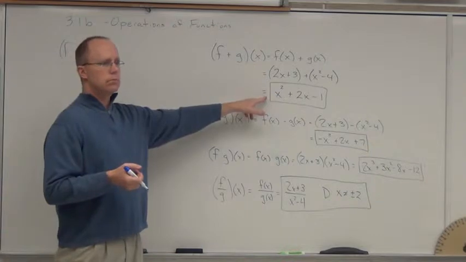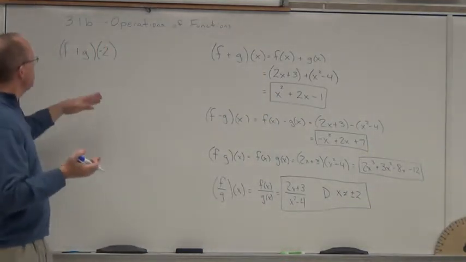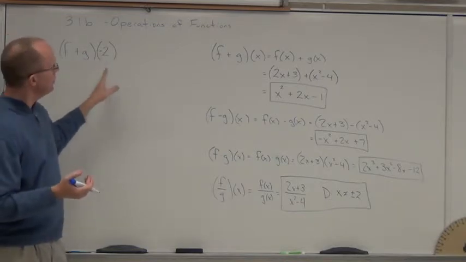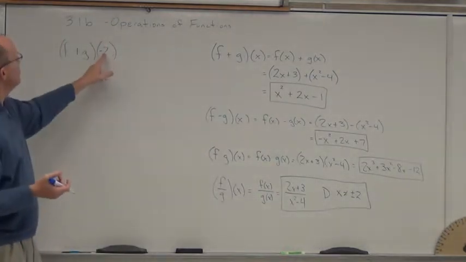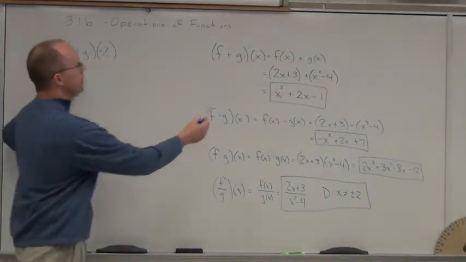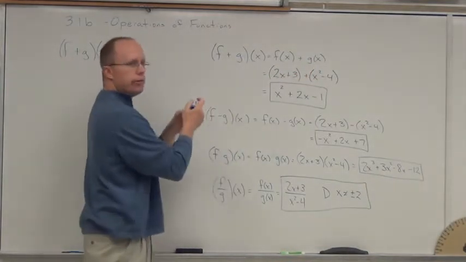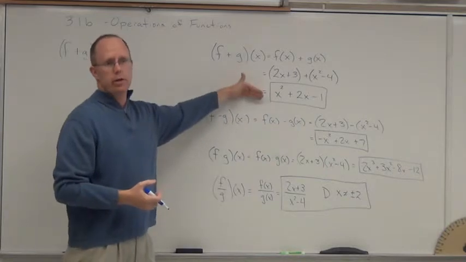If you had a problem where they didn't give you this to start with, you could still do it with an x. The other thing you could do is plug negative 2 into your f, negative 2 into your g, and then take those answers. I'd just go ahead and plug it into this though, because that's already simplified.